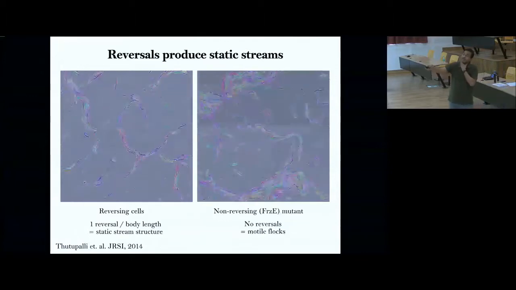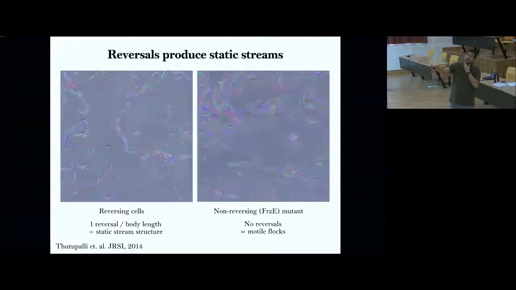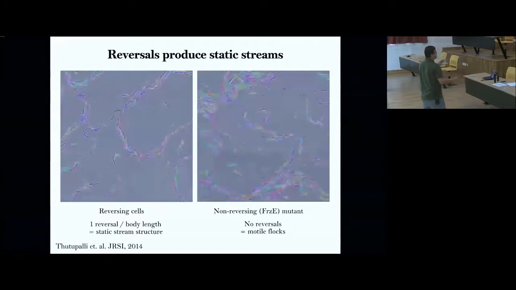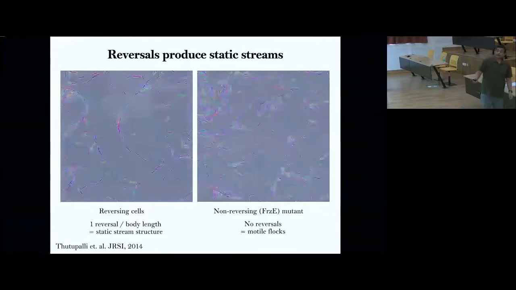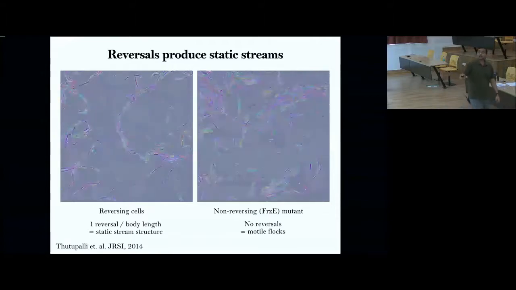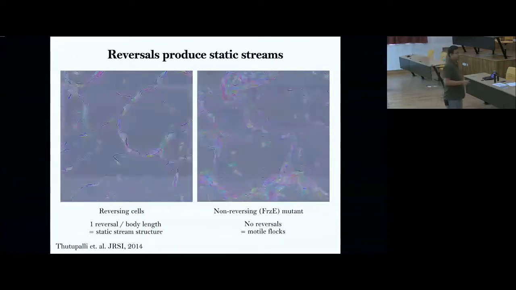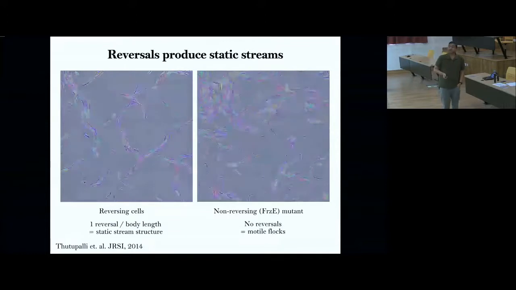But the wild type cells in a group show slightly different behavior. If you put them down, you'll start to get these static stream-like or river-like structures which just stay more or less in place, right? And that is coming about because of these reversals of individual bacteria. So they align, reverse, and stay along the structure.